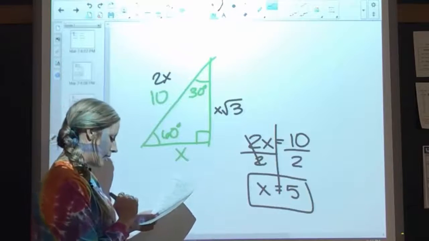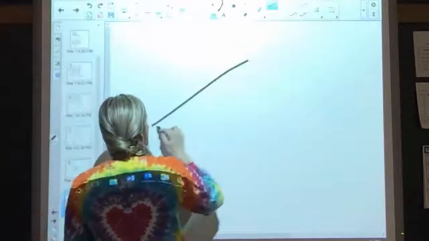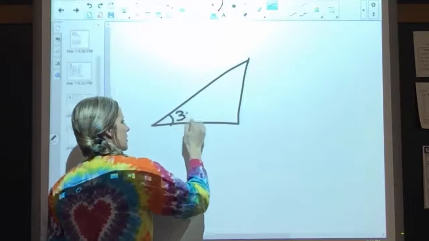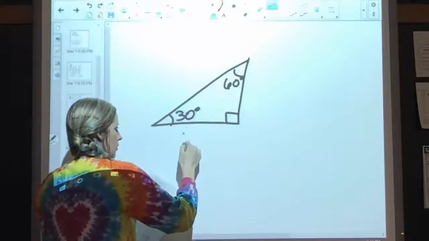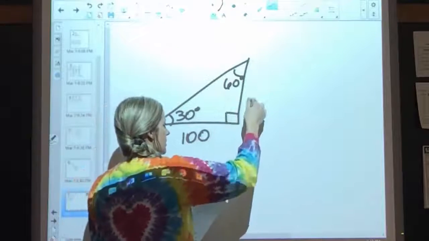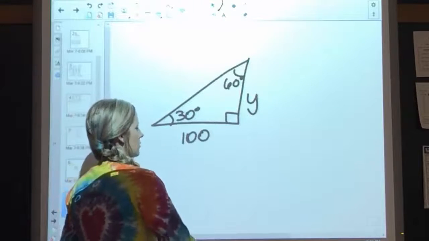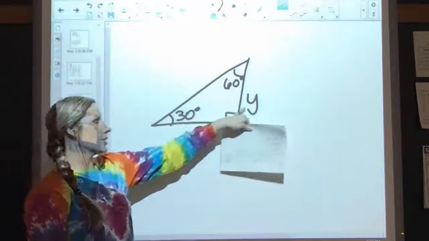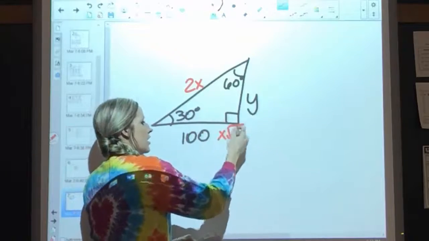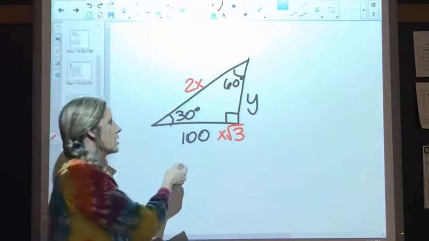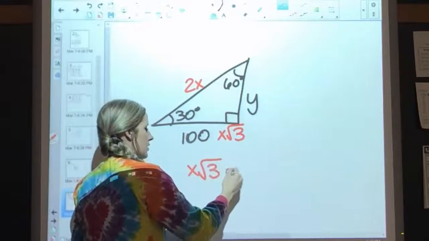The second one, we have a similar triangle. So we have 30 degrees, and then 90, and then the other one is 60, and they give us 100 across from the 60, and they want us to figure out what y is. So remember, across from the 30 degrees is our x, 2x, and x square root of 3 is across from the 60 degrees. So if we want to figure out what x is, take the side that you know and solve for x.